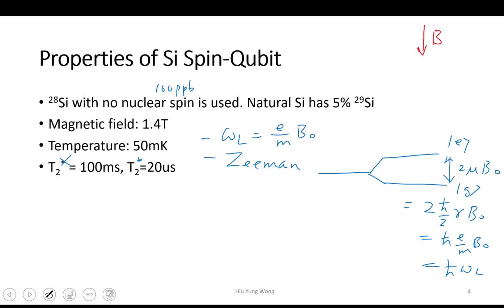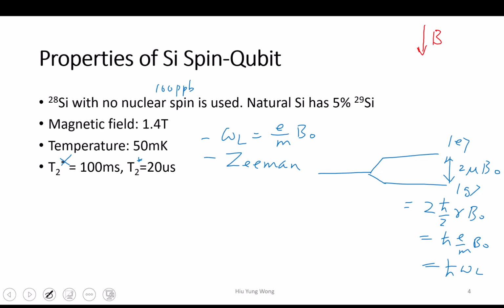do you get higher energy or lower energy when you have a spin that is pointing down? When your spin is pointing down, what happens to the magnetic moment? It's up.